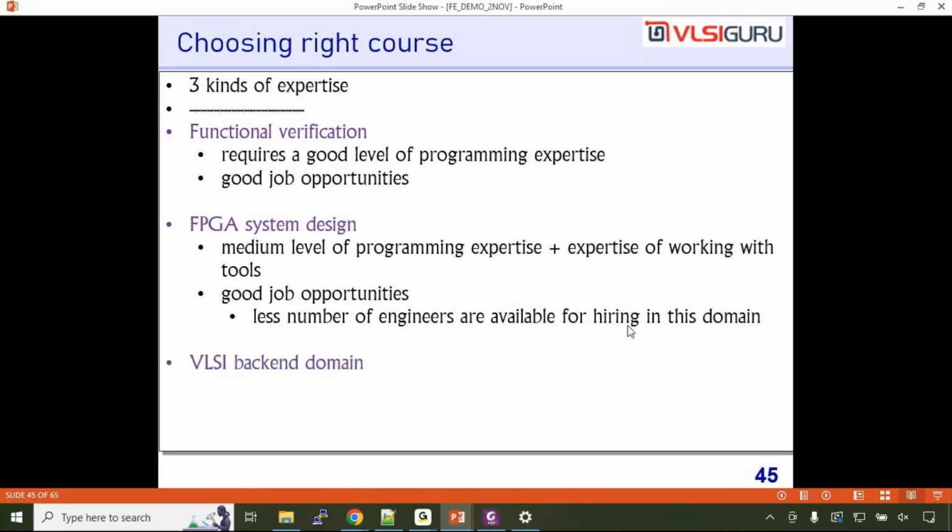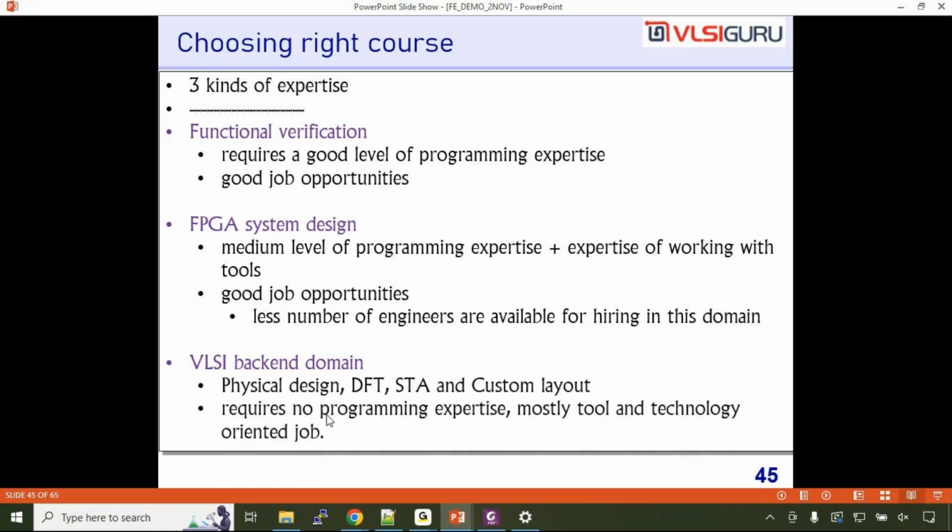Third is the backend domain. In the backend domain, like physical design, DFT, STA, custom layout, it requires no programming expertise. You don't need any programming at all. It's mostly a tool and technology oriented job.